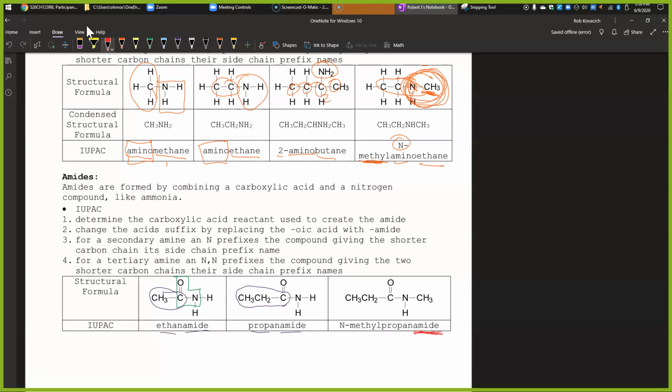I know that nitrogen is connected to a double bonded O because it says amide. And now I look and I see this molecule has a total of 3 carbons in it. And then I also know that on my nitrogen, there's also a 1 carbon attached to it. And then the rest of the molecule, I just fill in H's.